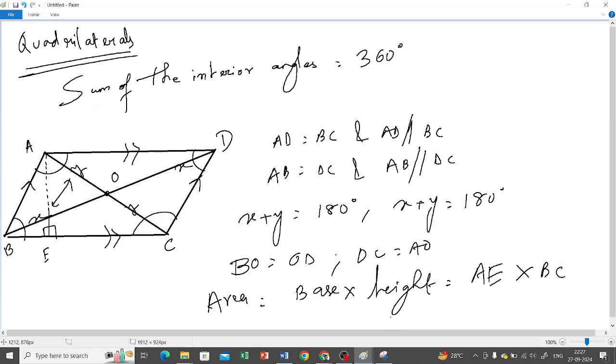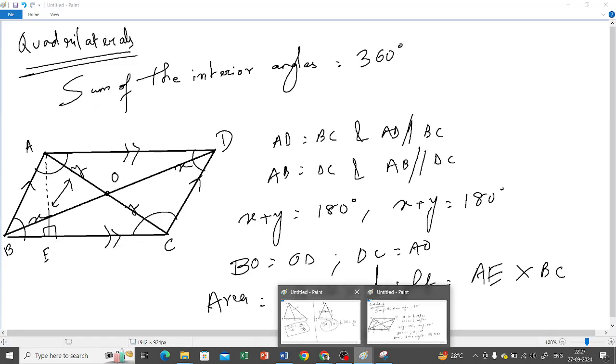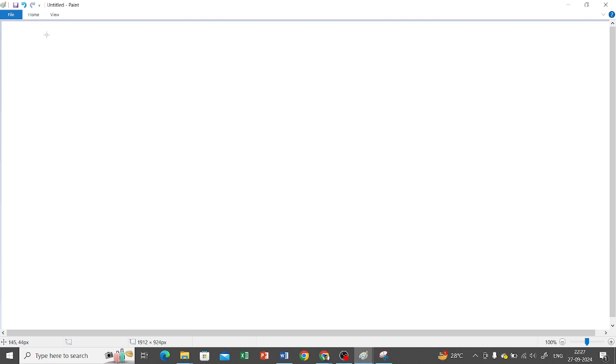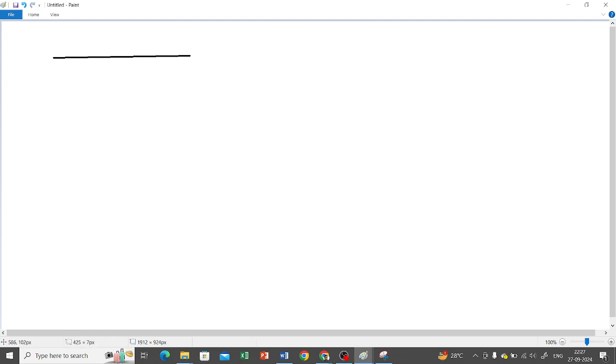Rhombus. So in a rhombus, what do we have?